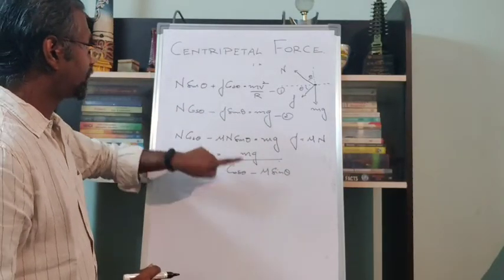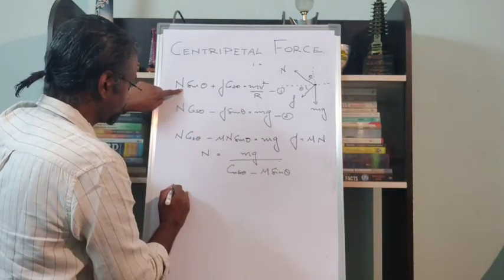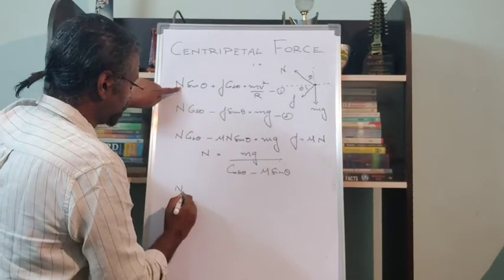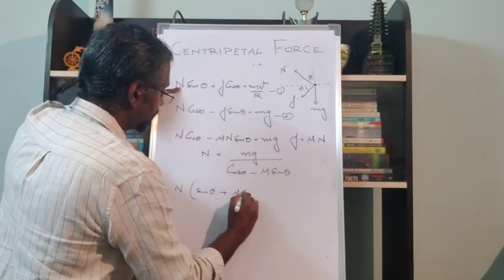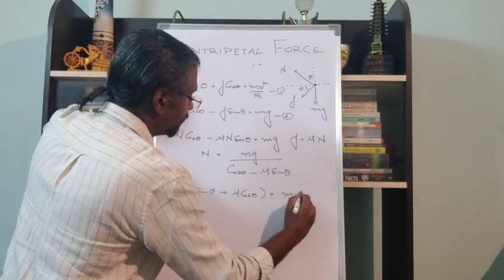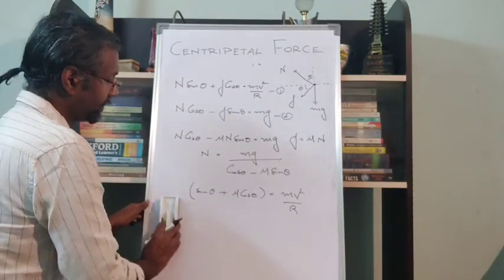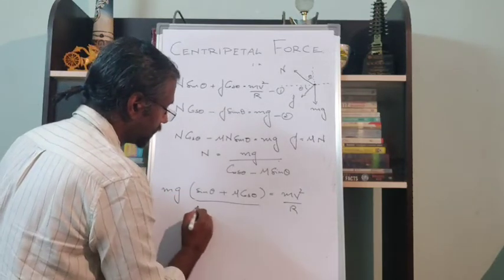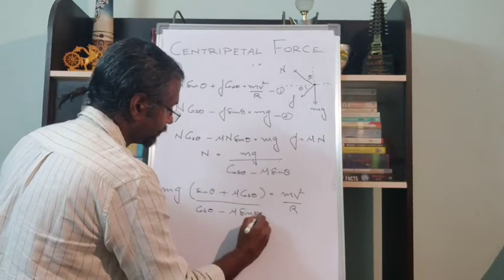Now I take this and substitute it in the first equation. In the first equation, I'm going to take N common out, because friction is equal to mu N. I take N common out, I get sine theta plus mu cos theta is equal to mv squared by r. Now I substitute for N over here, which I already got from here, mg by cos theta minus mu sine theta.